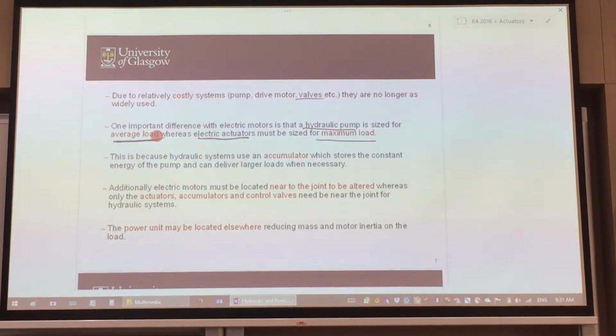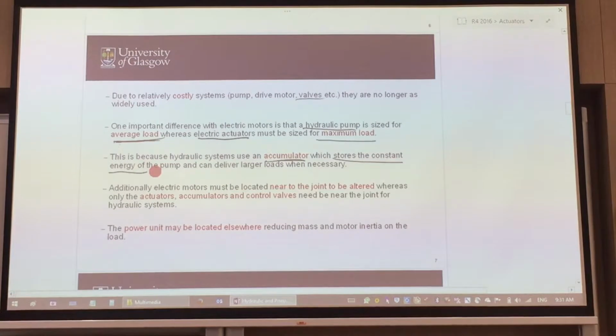The key part is actually over here. There's this thing that's called an accumulator. Later on, I'll talk a little bit more about this. In short, an accumulator is a device that can store a constant amount of energy, and this energy is in terms of pressure. So whenever in the hydraulic line there's a drop in that pressure, meaning no load, then it can do the compensation.